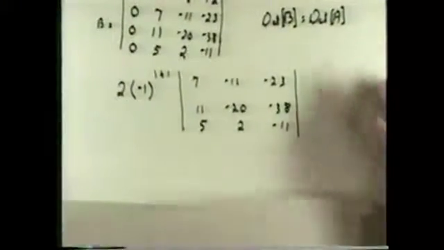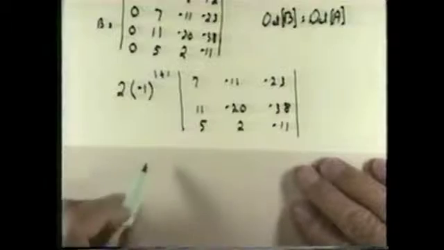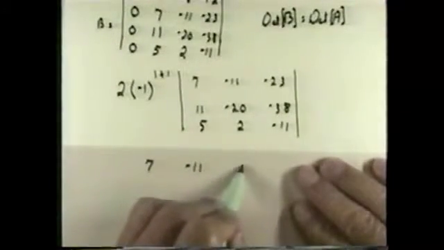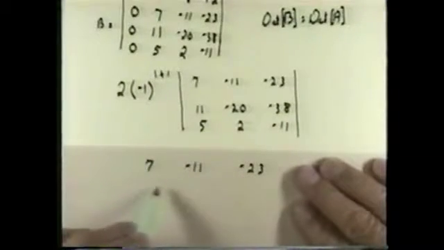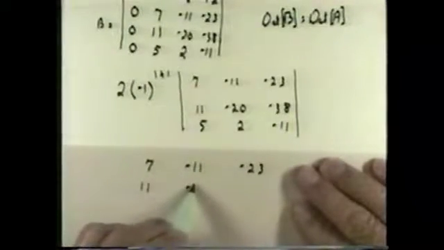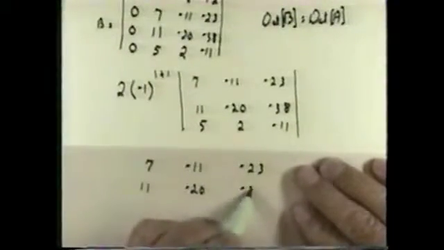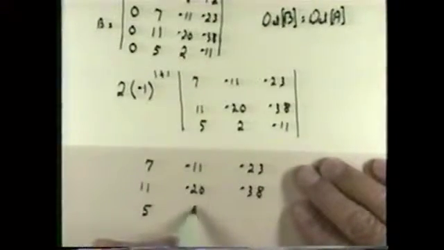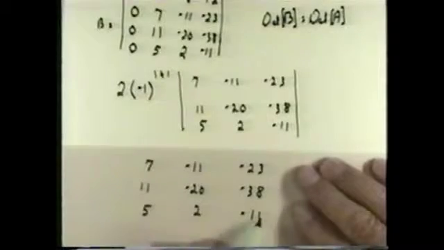I'm going out to the side to evaluate this and come back. So we have 7, negative 11, negative 23, 11, negative 20, negative 38, 5, 2, negative 11.